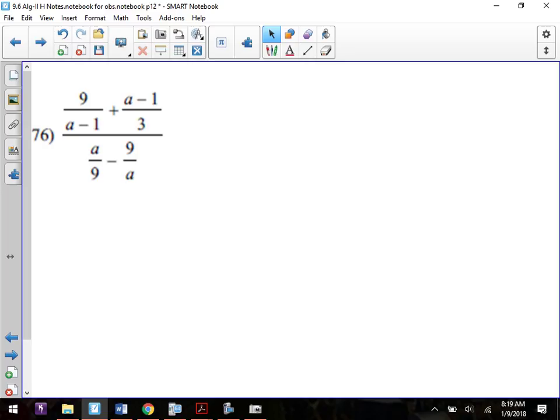So common denominator for the numerator is going to be 3 and the x minus 1. I'm going to use x's, okay? So the fraction on the left needs a 3. The fraction on the right needs the x minus 1. So you're going to get x squared minus 2x plus 1.